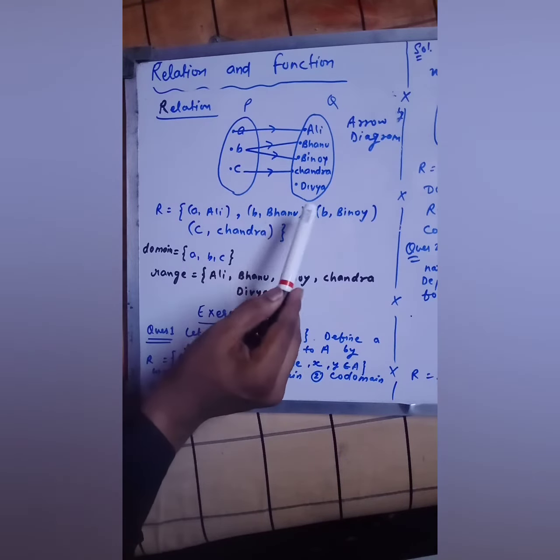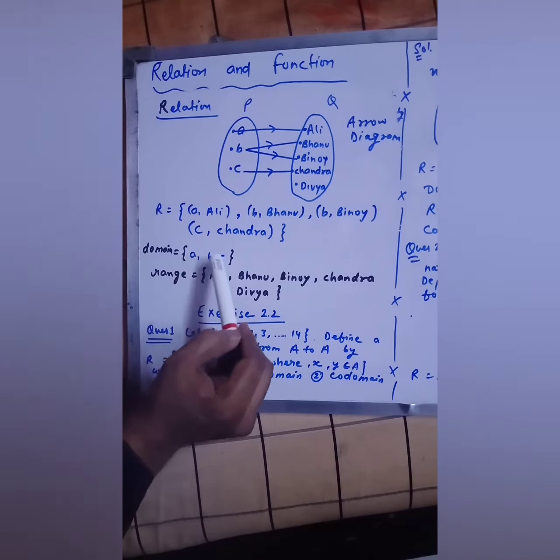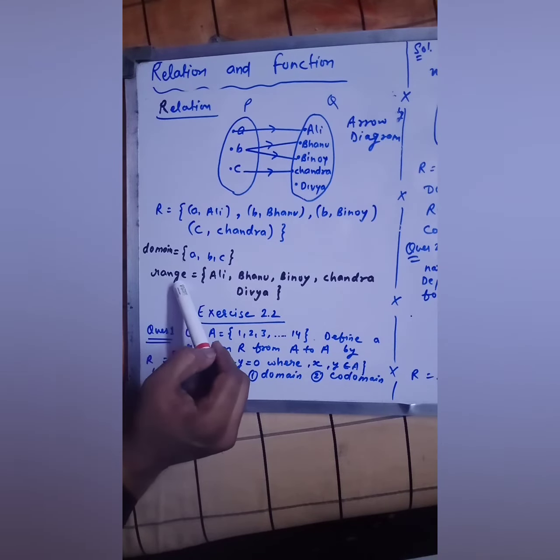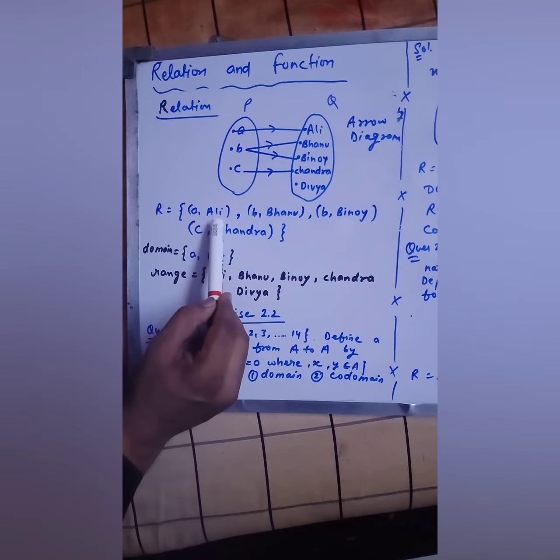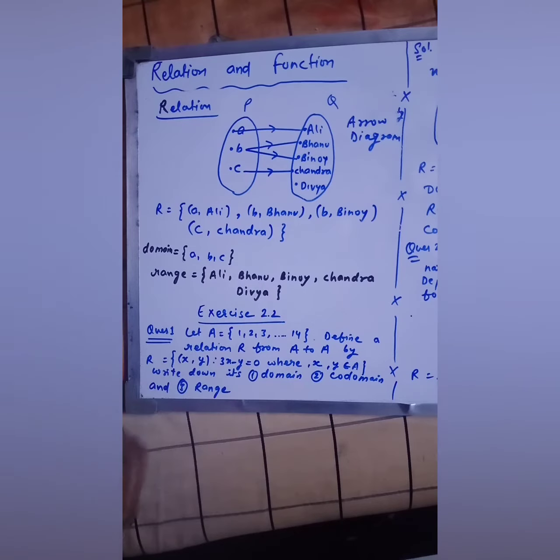The first elements of your relation, A, B, and C, these three elements are coming. So in the domain you have to write A, B, C. The range will be the second elements, that is Ali, Bhanu, Binoy, and Chandra. That would be the range of the given relation. Got it?